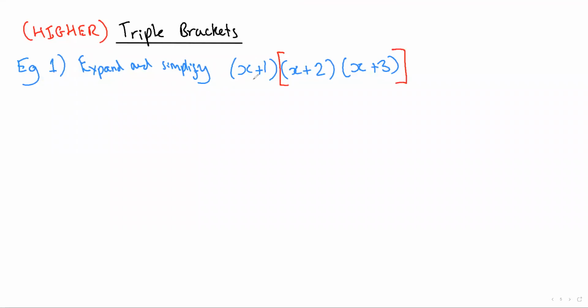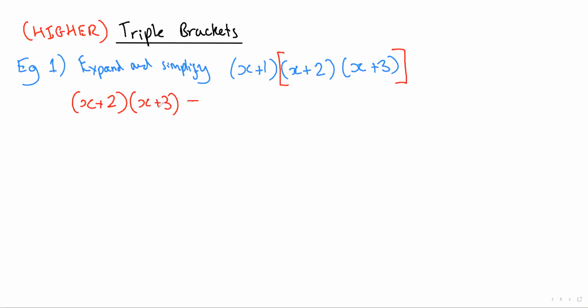So now x plus 1, we're going to forget about that for a bit. And now we're going to find out what x plus 2, x plus 3 is. We know how to expand this because it's something that we've done. Okay, so let's expand this.